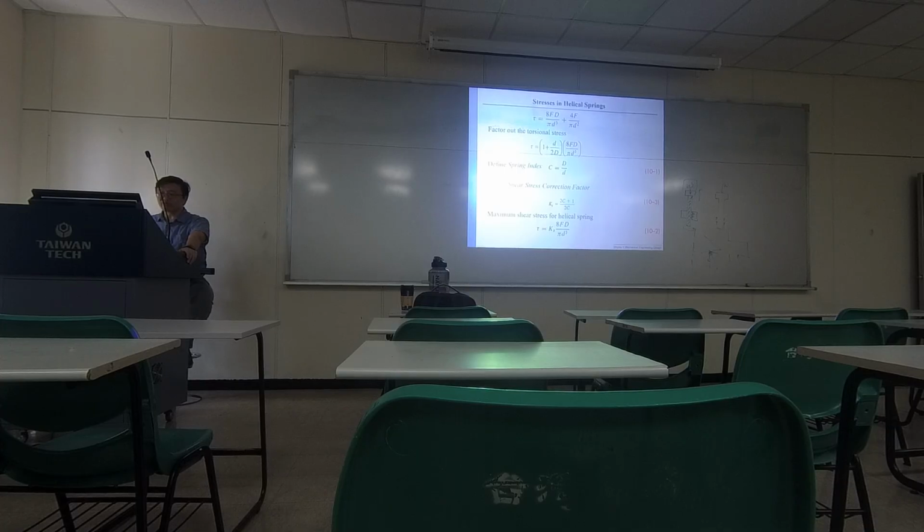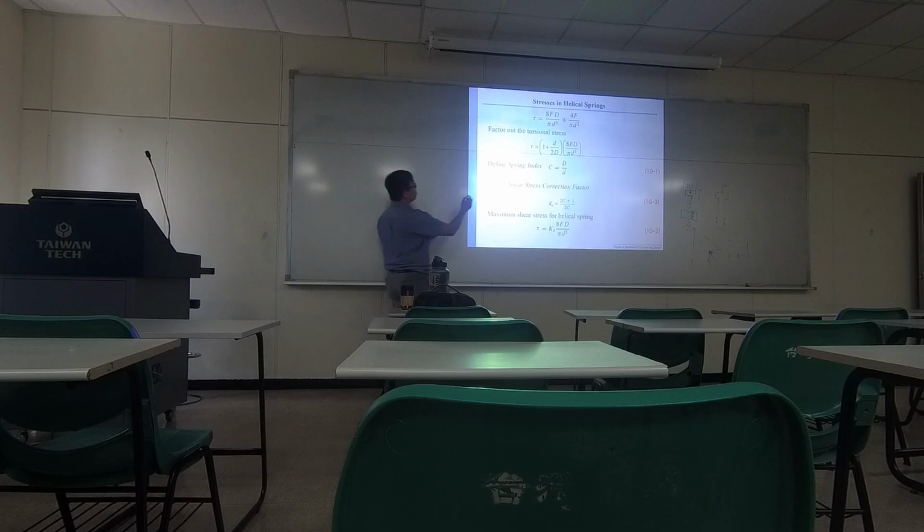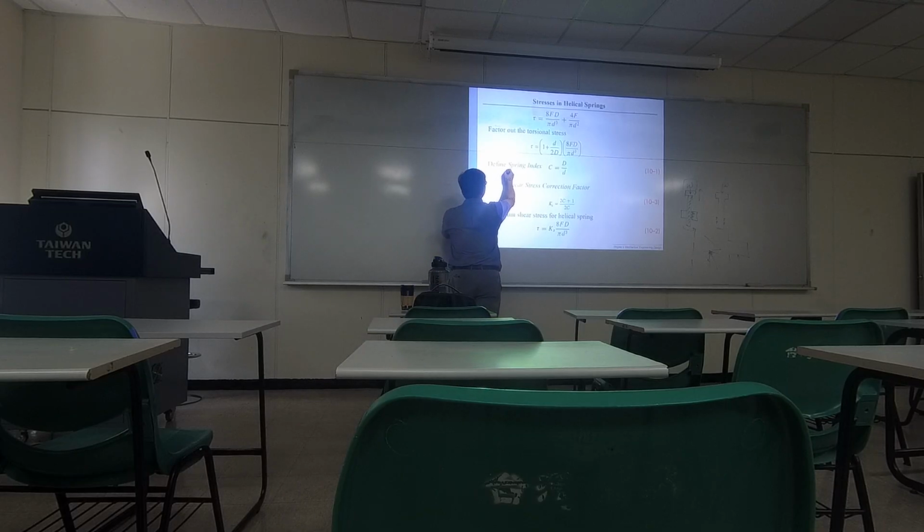And if you define something called C, the spring index, defined as big D over small d, then that term can be rewritten as 1 plus 1 over 2C, right? So it's basically this, 2C plus 1 over 2C.